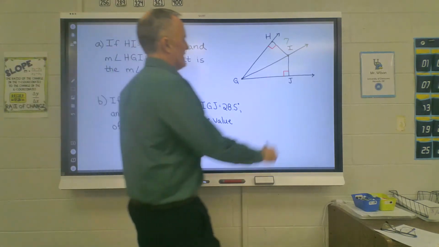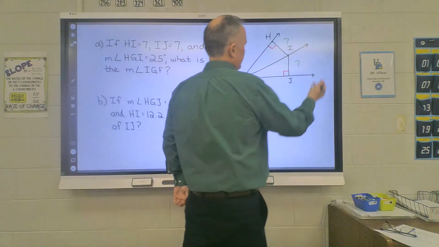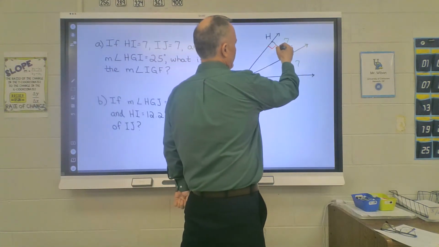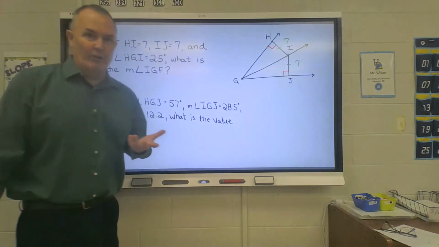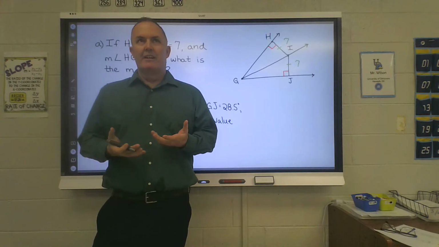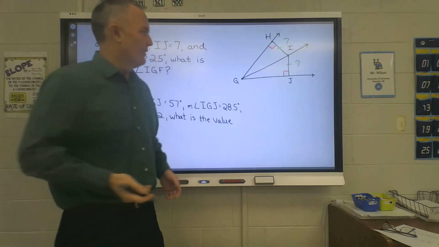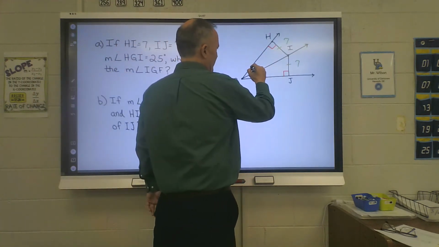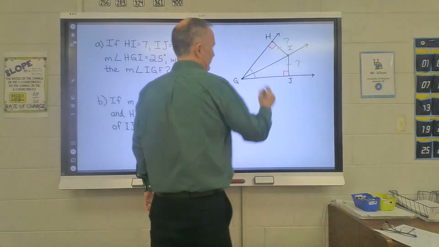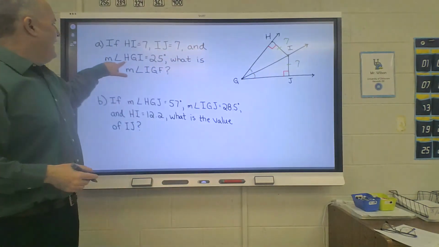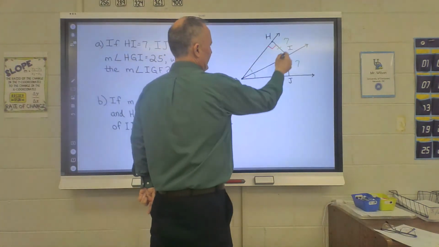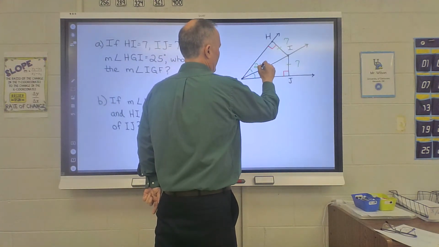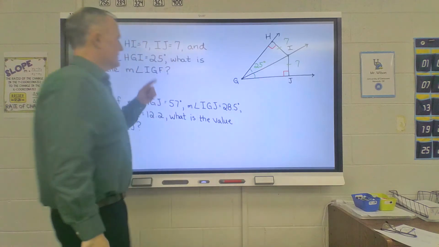All right, so if HI is 7, and IJ is also 7, well, that means these two are congruent to each other. And we know right away that if they're congruent, using the converse of the angle bisector theorem, meaning they're equidistant, this is going to be an angle bisector. And the measure of HGI, H to the G to the I, is 25 degrees.